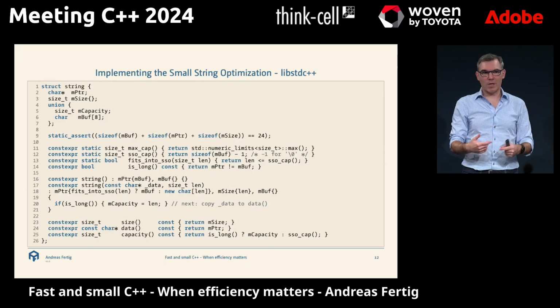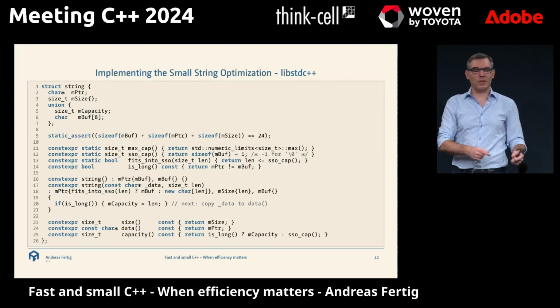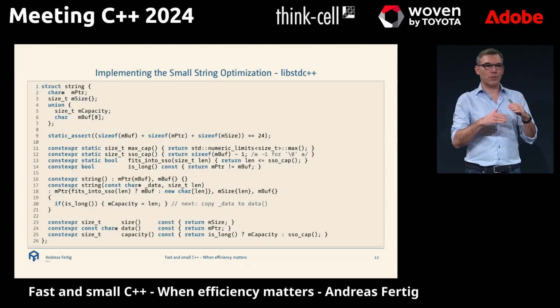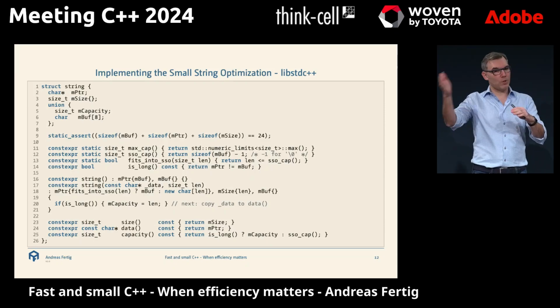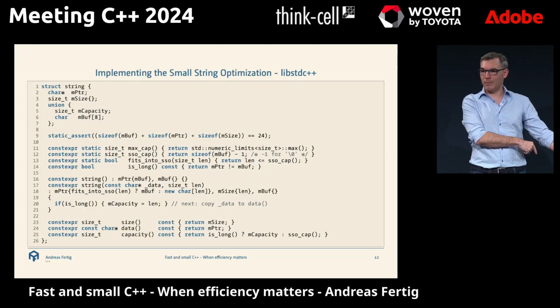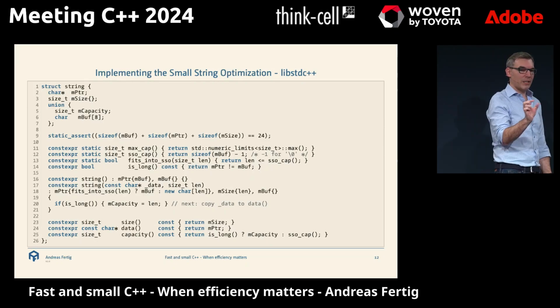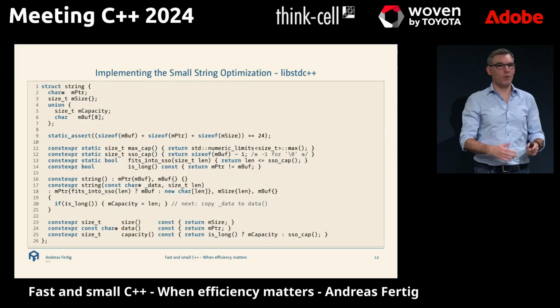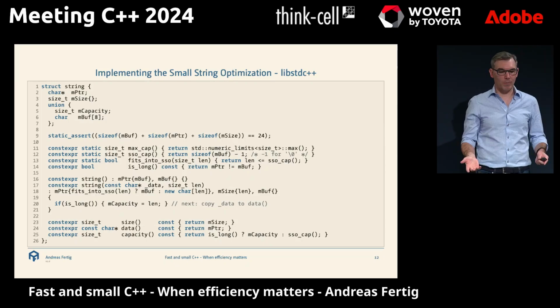So we don't necessarily need the capacity information. This is the trick they are doing. At any time, we only need one of the two pieces of information. Either we need the capacity because we are in long string mode, or we are in small string mode, then we need the buffer. This is why they are neatly aligned to the size of a size_t. Now, the static assert here proves that if you sum everything up, it's 24 bytes.